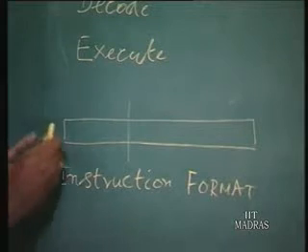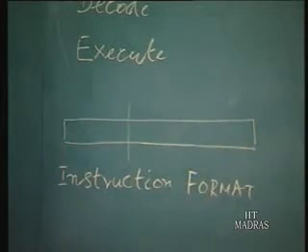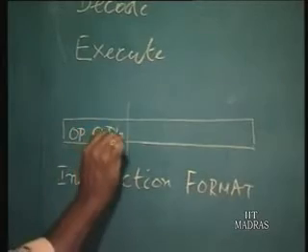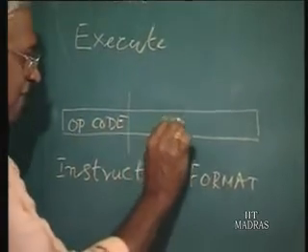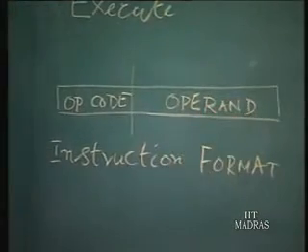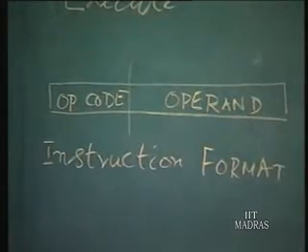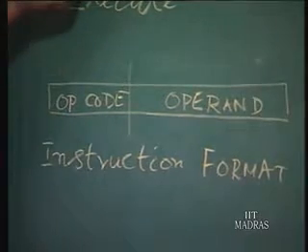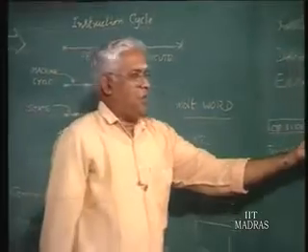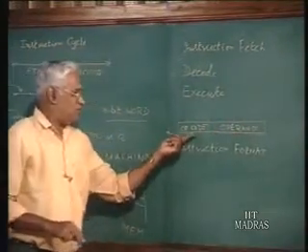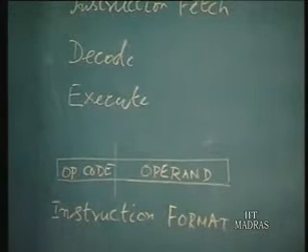This instruction format will be some word length. One part of it will be the opcode, the other part will be referring to the operand or the data. This opcode is the one which will be decoded, and the operands once fetched from the memory will be executed as per this particular operation.